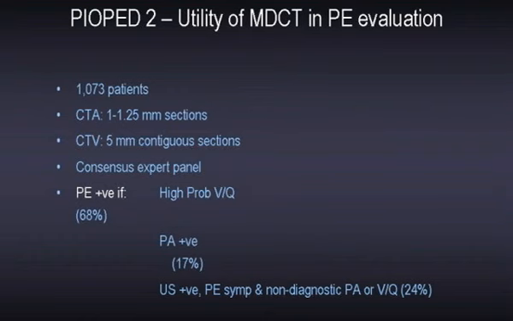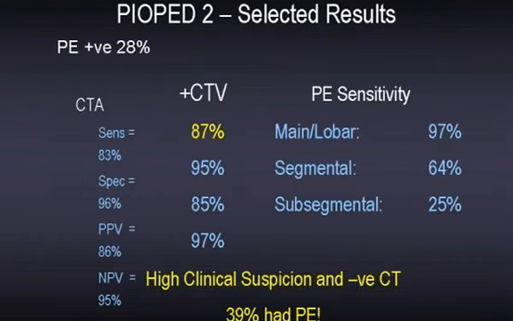Now, with this very flawed gold standard, it's not surprising that the sensitivity and positive predictive value of CT is relatively low and improves only marginally by incorporation of CT venography. What's more, when we look at the sensitivity of CT at the subsegmental level, this is comparable to the single detector era. And this is presumably because these patients were evaluated in comparison to classical pulmonary angiography.